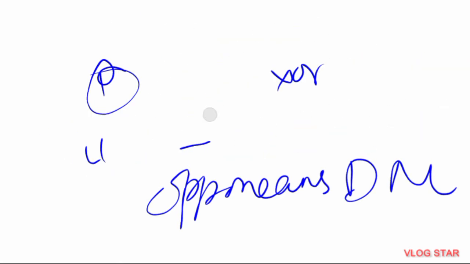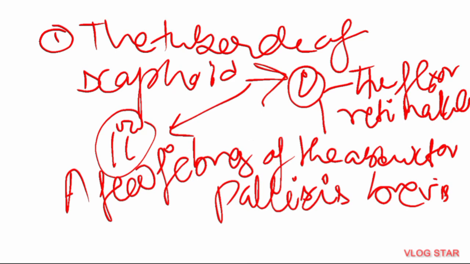Okay, and now metacarpal bones are miniature. Let me write here for your understanding. Metacarpal bones are miniature long bones, 5 in number, and are numbered from lateral to medial side. Let me show you with the diagram.